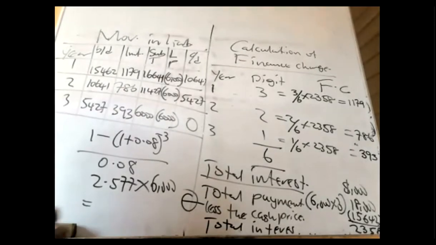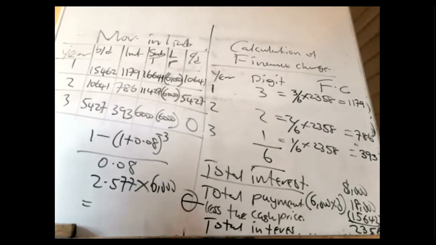So if it's different, 2.577 times 6,000.